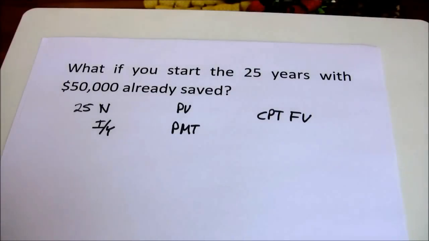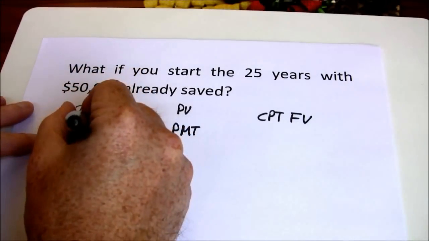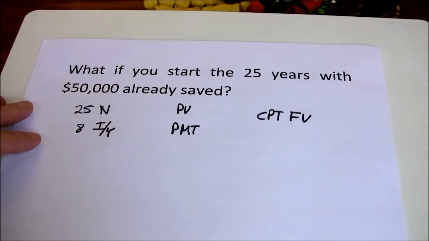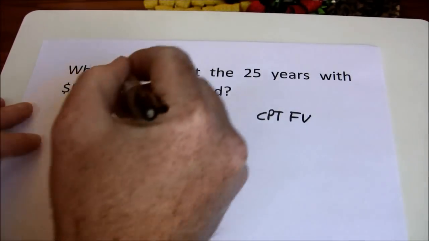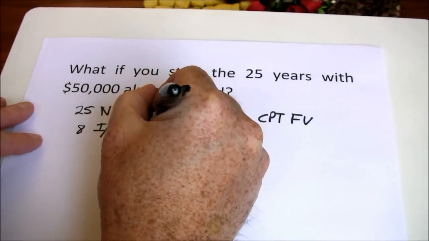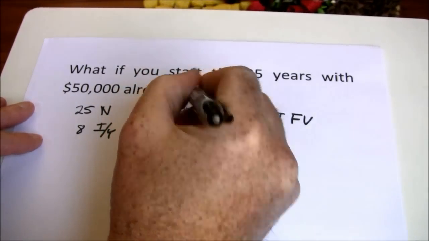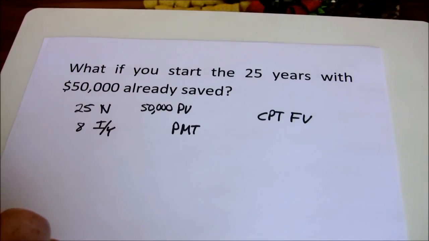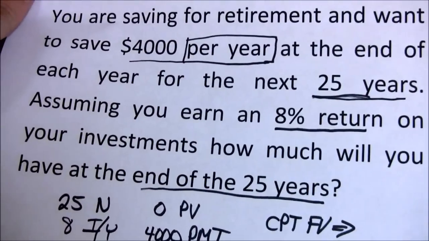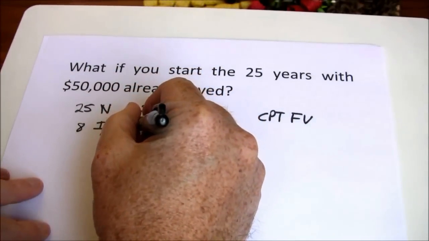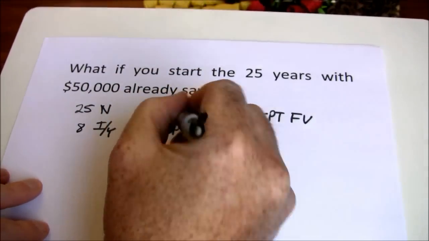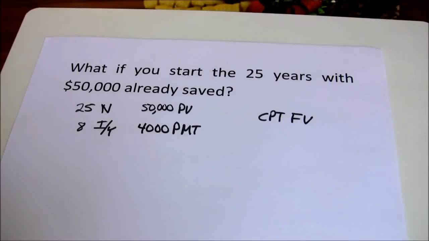We're just changing the fact that we've got $50,000 already saved. So we still have an 8% interest rate. Our present value is $50,000. Our payment is still the $4,000 per year. And now we want to know the future value.